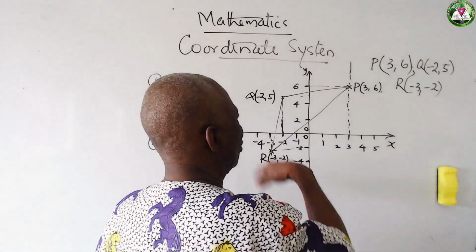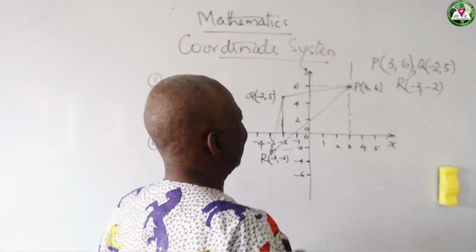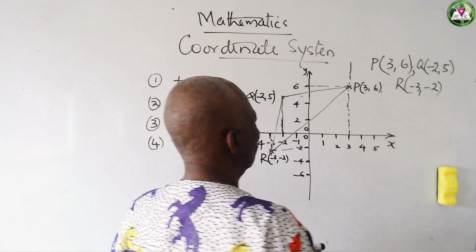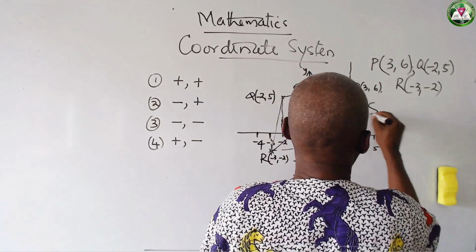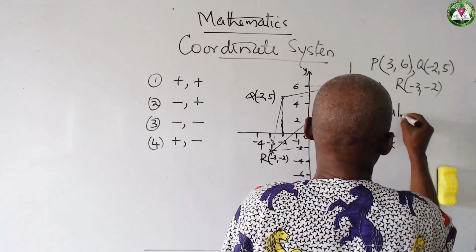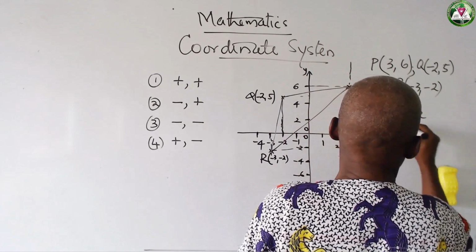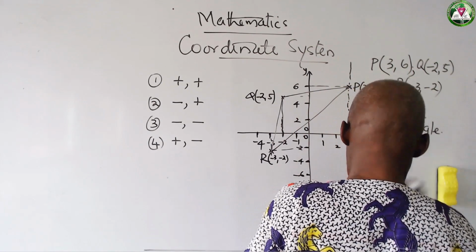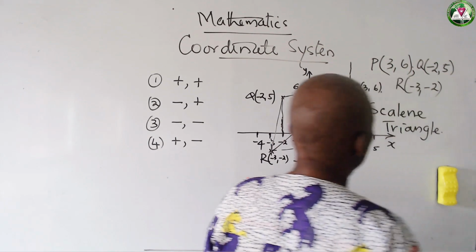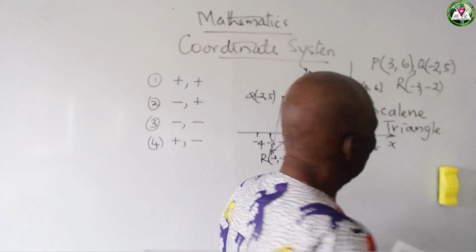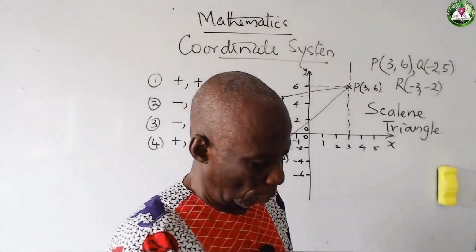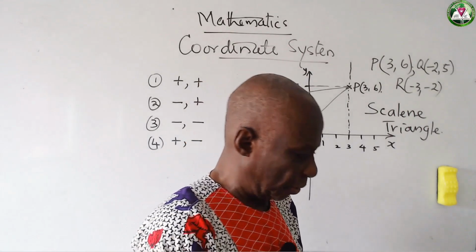But in this triangle, none of the sides are equal. So it is a scalene triangle. A scalene triangle. That's the solution for that.